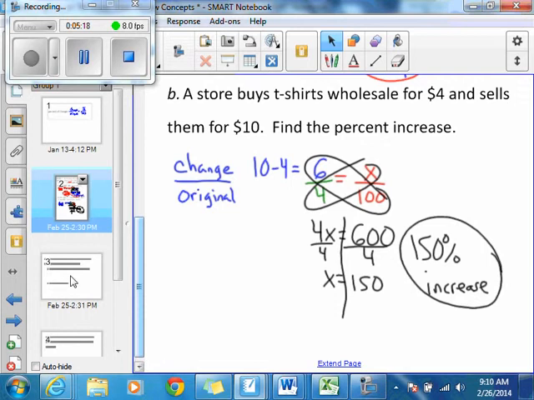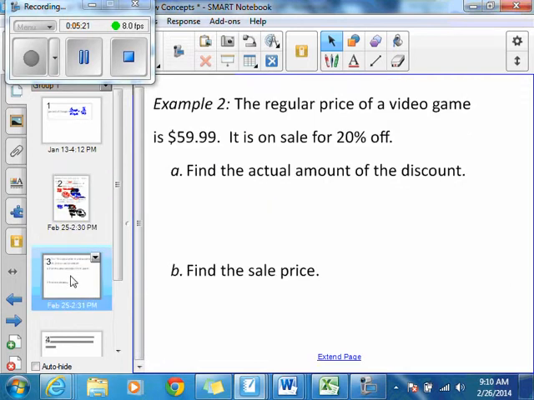Sometimes they're going to give us the price and the percent, and they're going to ask us to find out what the sale price is, or what the new price is. How we do that is, if they give you the percent, so the regular price of a video game is $59.99. It's on sale for 20% off. You always put the percent over 100.